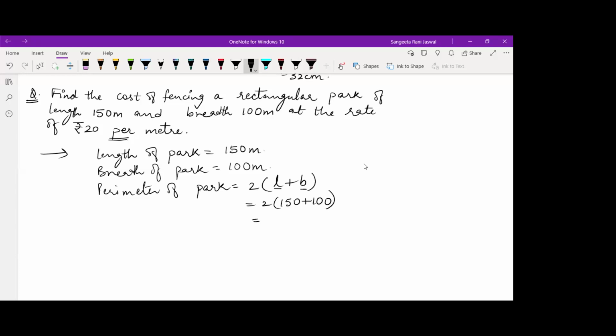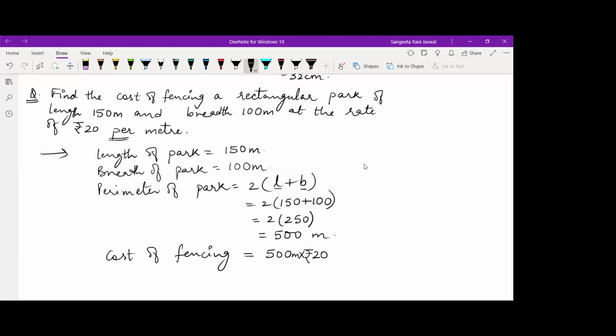Next, Adya. Adya, tell me. Ma'am, 2 into 250, which is equal to 500. Okay, very good. Next, Neha. Ma'am, we need to multiply 500 by 20. 500 meters into rupees 20.